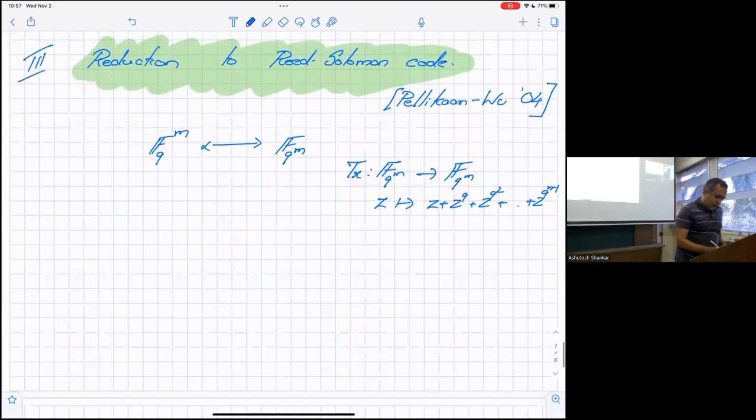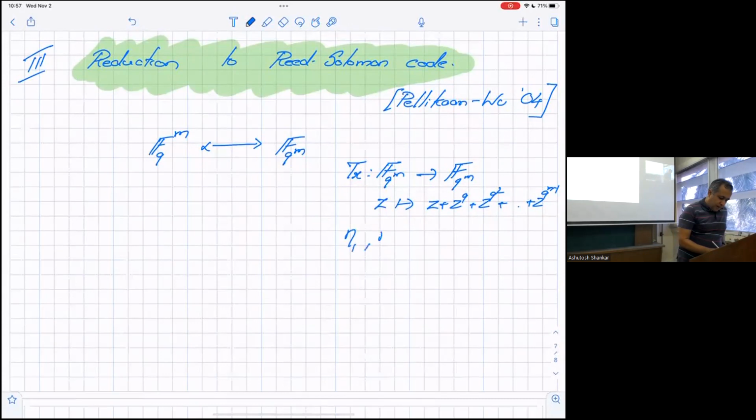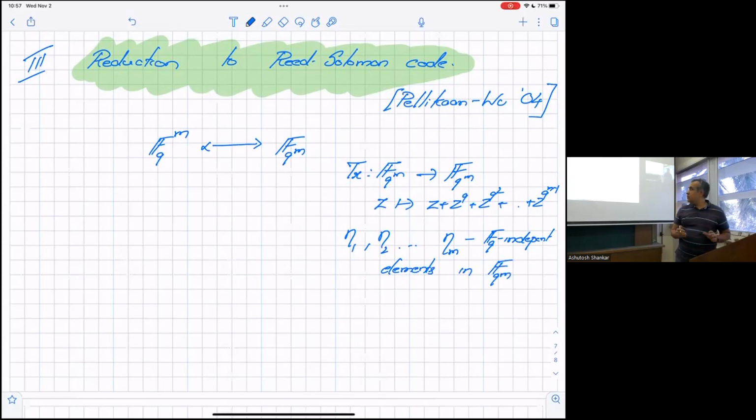And we also let eta_1, eta_2, ..., eta_m be F_q-independent elements in F_{q^m}. Then we saw that the mapping which takes an element z here to, sorry, this goes to the small field. The trace map will always take you to the small field, and that's easy to see. Just take this to the power q, you get back the same object.